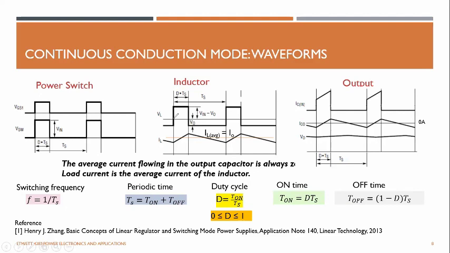Now, for the inductor, when you turn on the inductor within the DTS time period, the inductor current is ramping up, right? And the inductor voltage is simply V in minus V out. In the previous case, I have shown you.